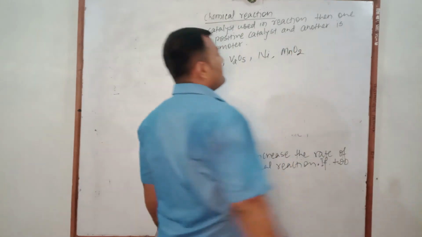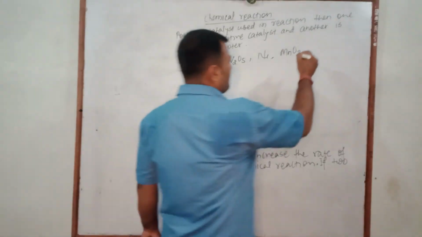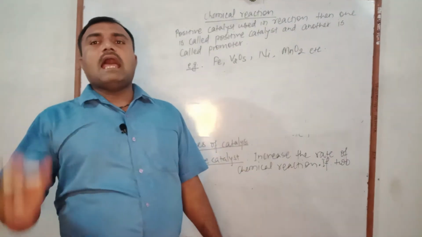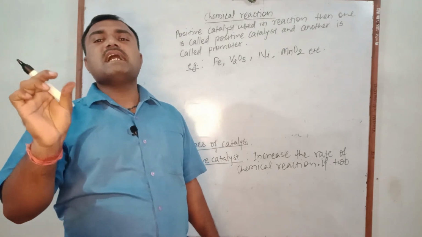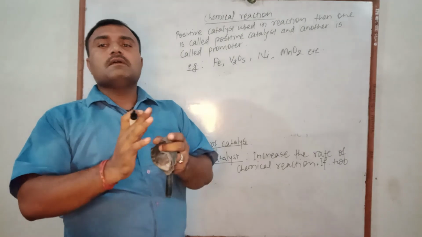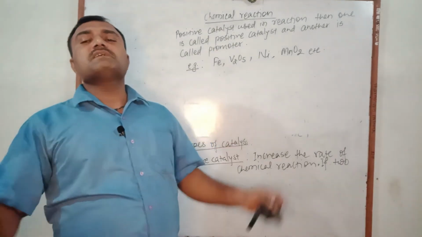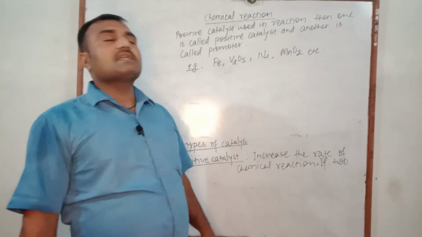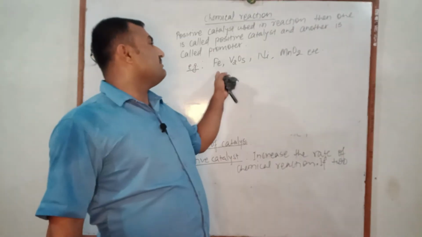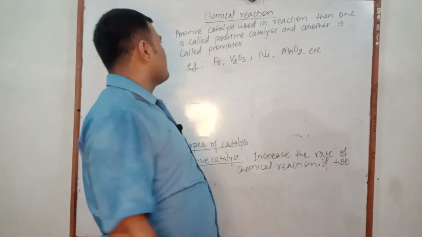Positive catalysts are generally transition metals having a smaller atomic size. When used in a chemical reaction, the surface area of the reactant increases, and therefore these elements act as positive catalysts.